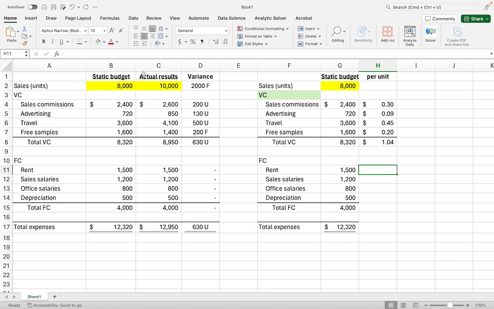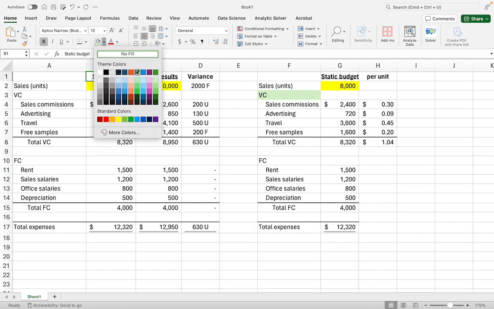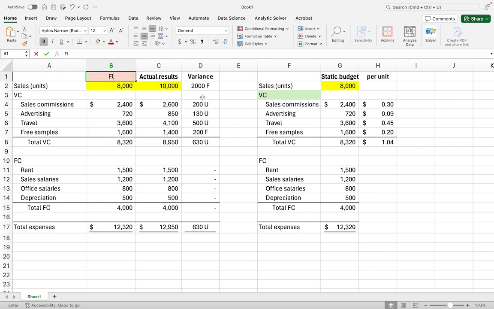So now how do I change this? Let me come back over here on the left. How do I change this now to a flexible budget? Well, I want the flexible budget to be for the same 10,000 units as the actual results. So that's going to make the variance here 0.